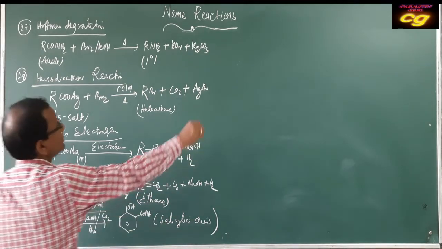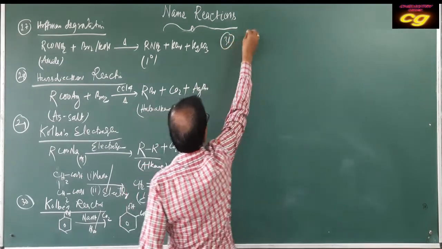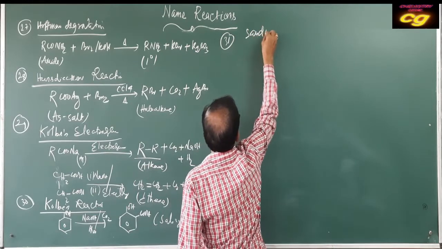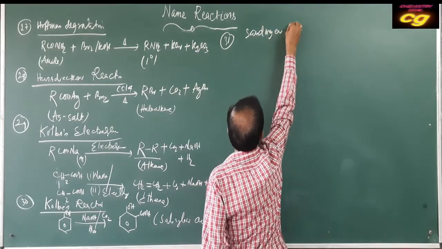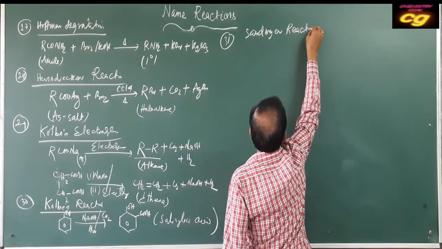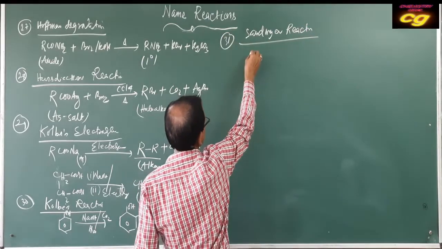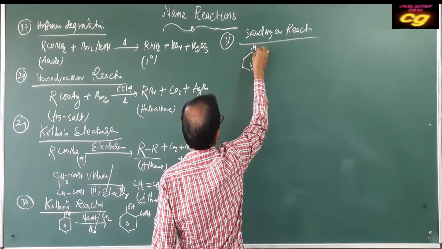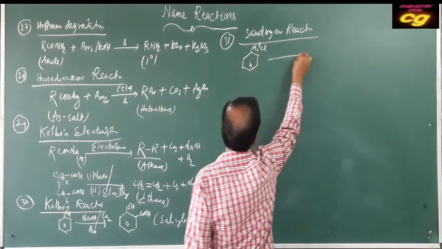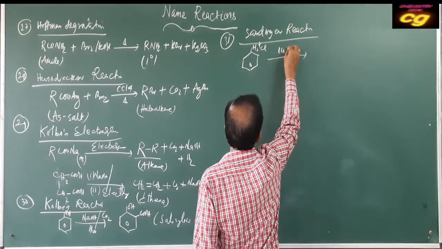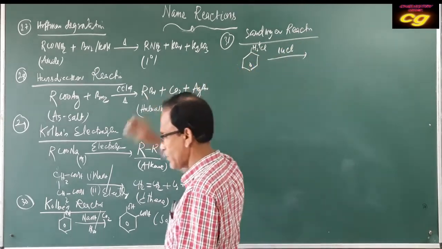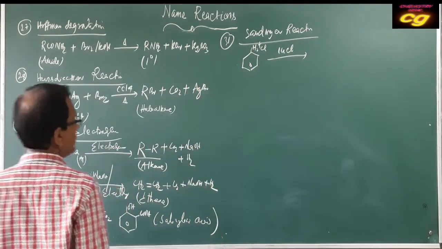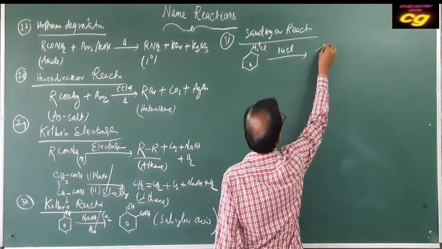Then Sandmeyer reaction, number 31, very important. In Sandmeyer reaction, what happens? When that benzene diazonium chloride is treated with CuCl, it produces chlorobenzene.